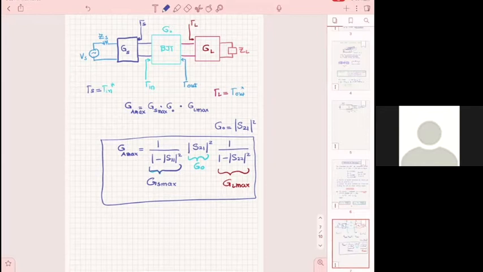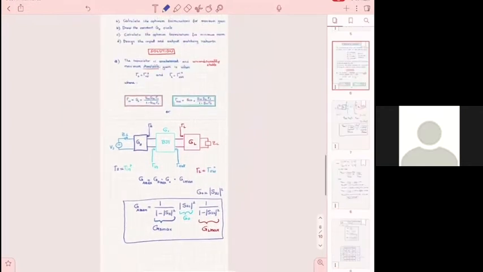So you need to know what your maximum gain is. And if your maximum gain is 14 dBs and you try to design it for 4, then you are underutilizing the amplifier that you have, because you can give a lot more and you don't utilize it. Any questions about those concepts?